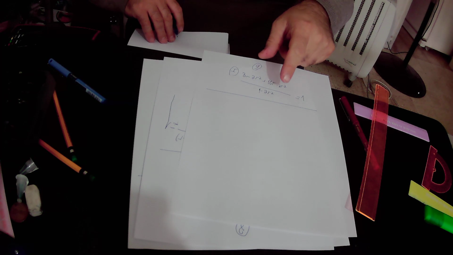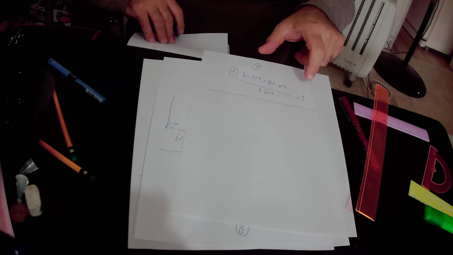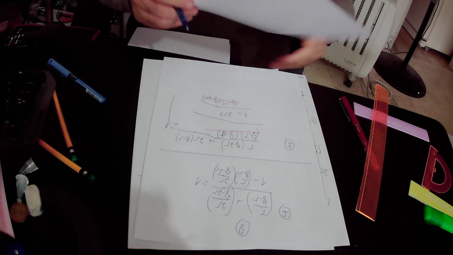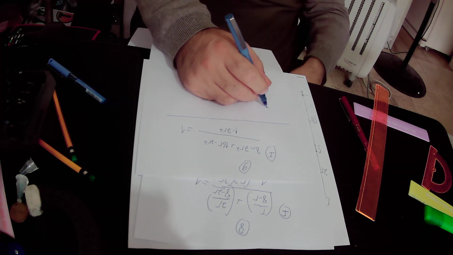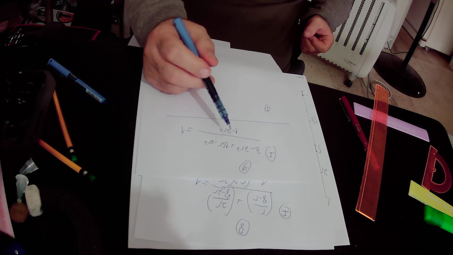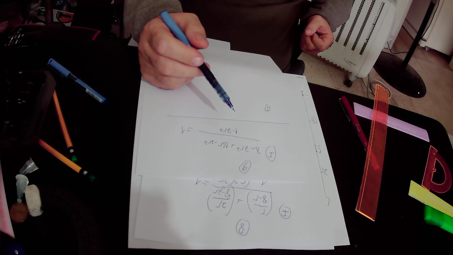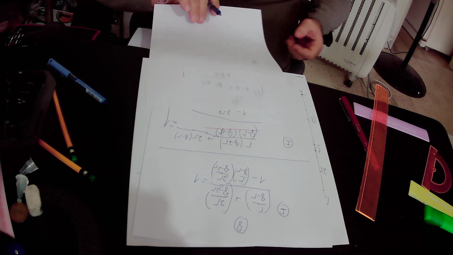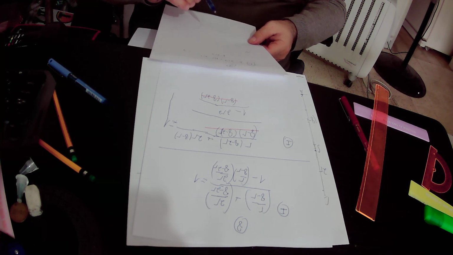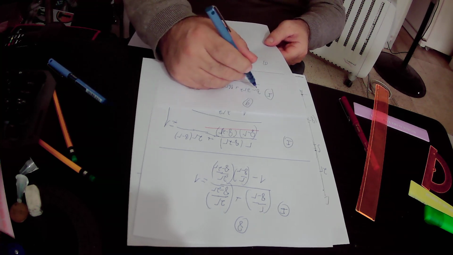Here we will cross multiply, or we will multiply this equation by 1 minus 2R squared. We will get that here it is actually 8R.